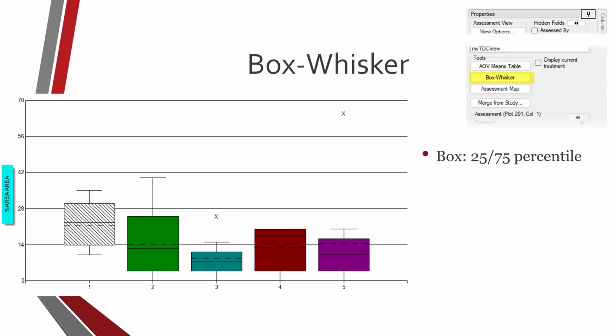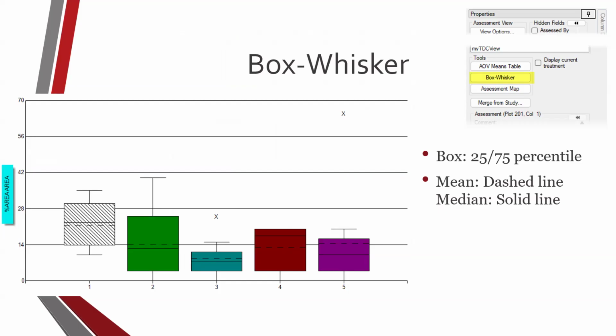And then the whiskers extend out to all of the other non-outlier values. So the box height gives us a sense of the variability within that treatment. So it can be handy to compare across the different treatments. The taller the box is, the more variation that you have.